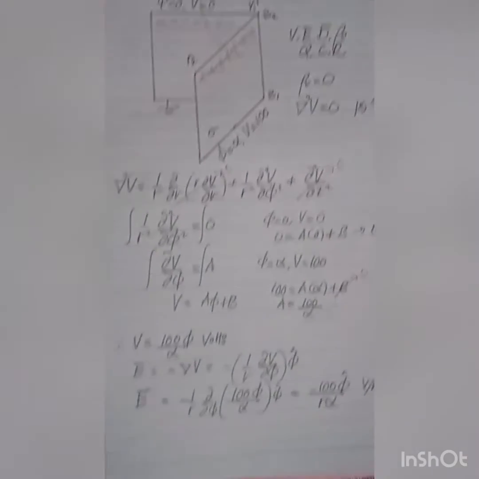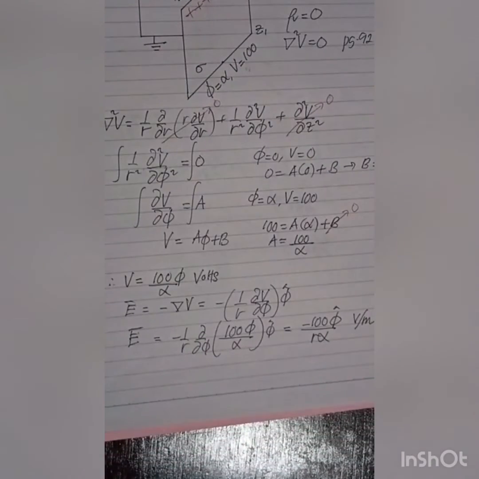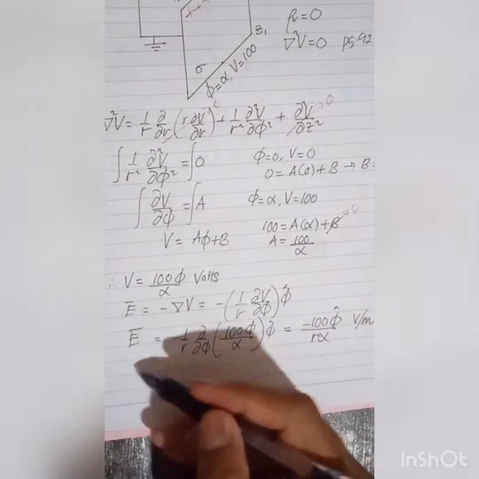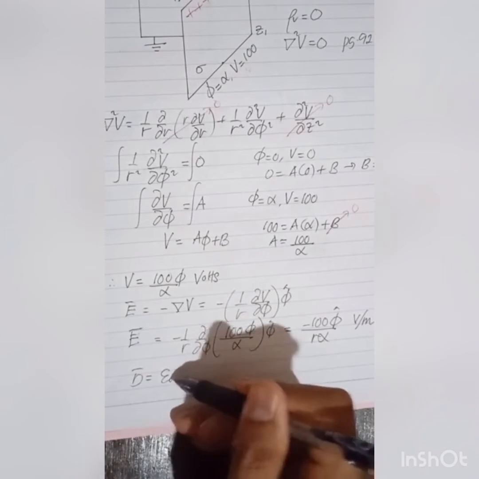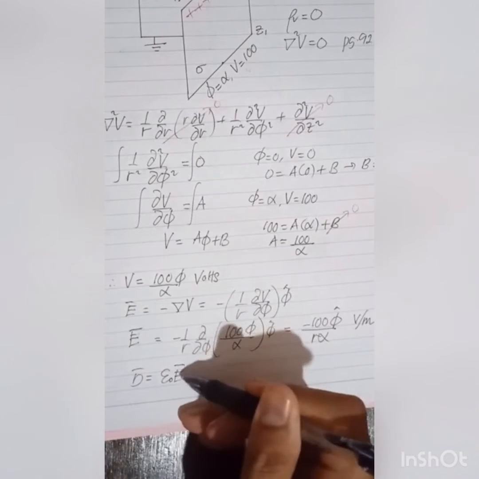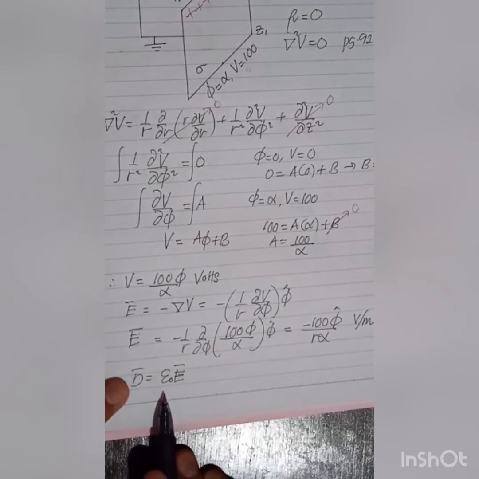So from here we can proceed to the next part. We need to find the D field. It's simple, just D equal to epsilon naught E, since we are dealing only with a free space environment. So just substitute epsilon naught.